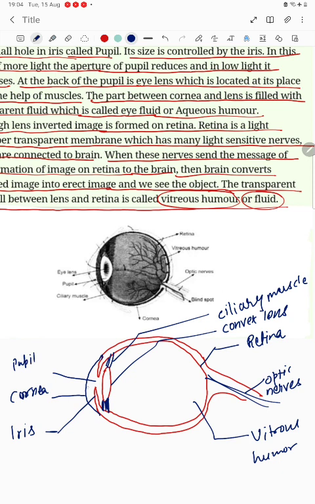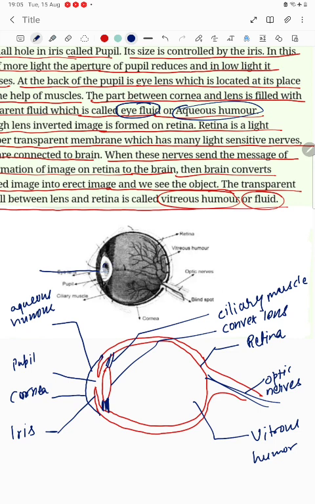Between the cornea and the lens, there is a liquid called aqueous humor. You can say either eye fluid or aqueous humor. When light rays come, they pass through the cornea, where most of the light gets refracted.